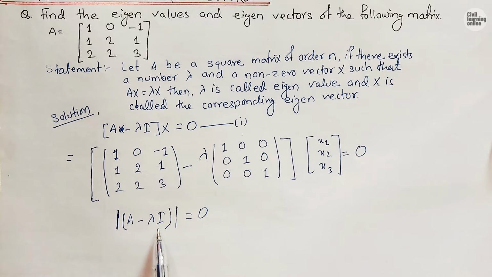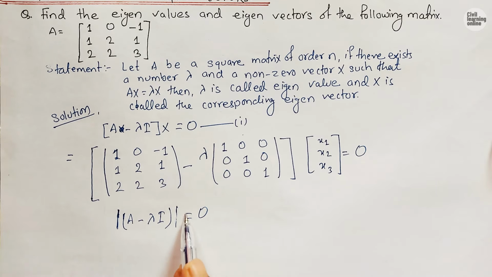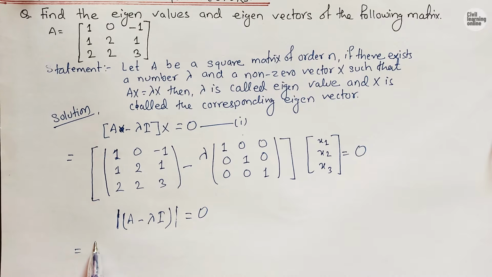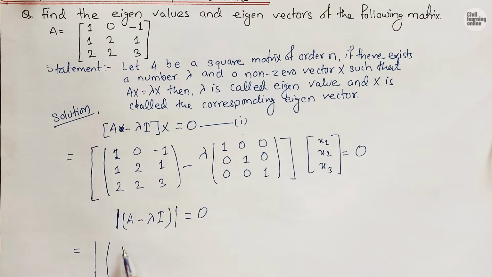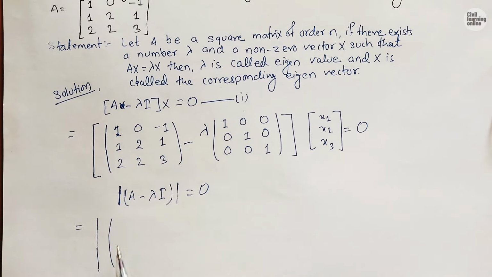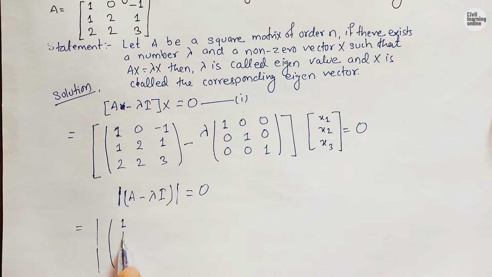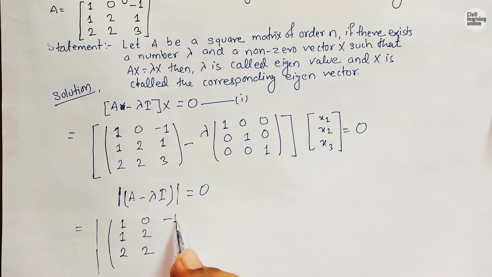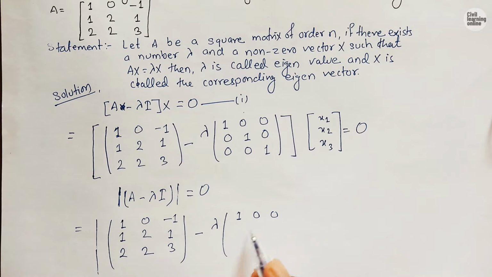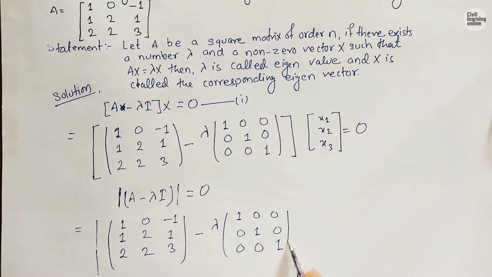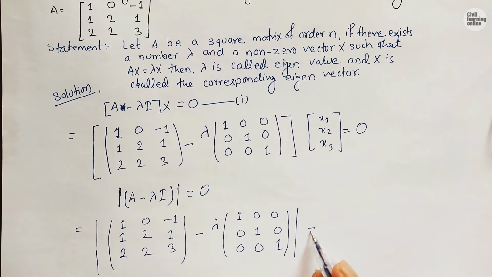So we have to find the determinant of A minus lambda I equals 0. Here we will again put the value of the matrix. See here we have matrix A as [1 0 -1; 1 2 1; 2 2 3] minus lambda times [1 0 0; 0 1 0; 0 0 1], and the determinant equals 0.